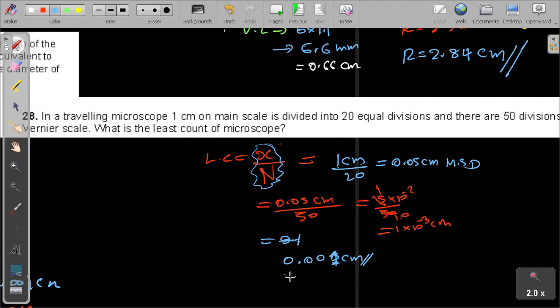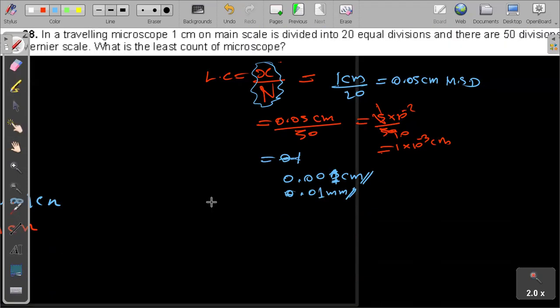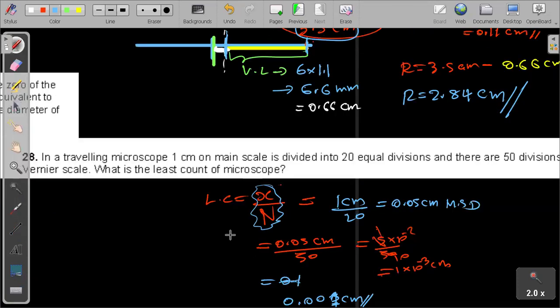Or in terms of millimeters, you can write it as 0.01 millimeter, the least count of the microscope.